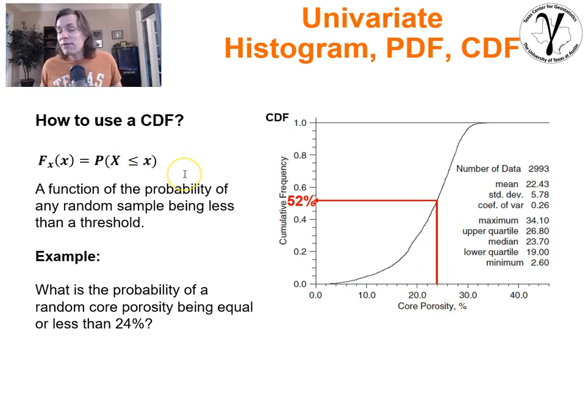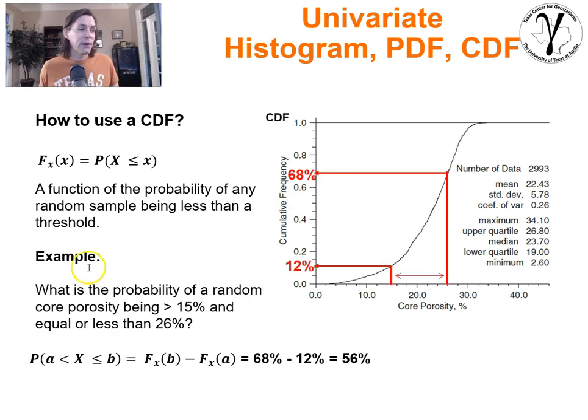So the CDF directly provides us with the cumulative probability value. This should be probability right here. Sorry about that. And so it's very powerful. What's the probability of getting a porosity value less than or equal to 24%? It's 52%. So that's pretty powerful. That's very useful to us.